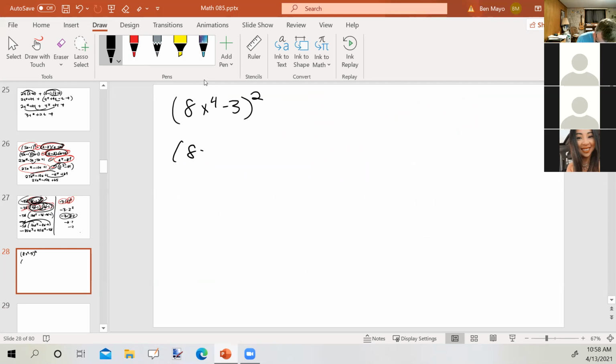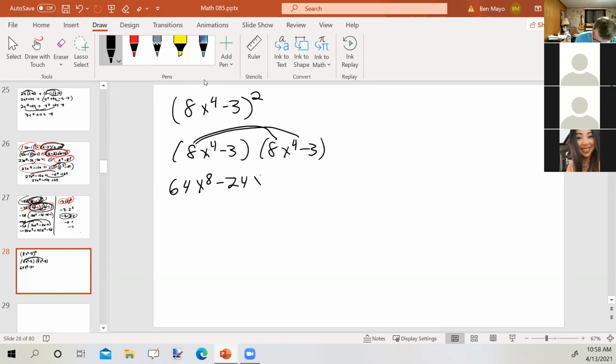That would be 8x to the 4th minus 3 times 8x to the 4th minus 3, which then becomes 64x to the 8th power minus 24x to the 4th power minus 24x to the 4th power plus 9, which then becomes 64x to the 8th minus 48x to the 4th plus 9.